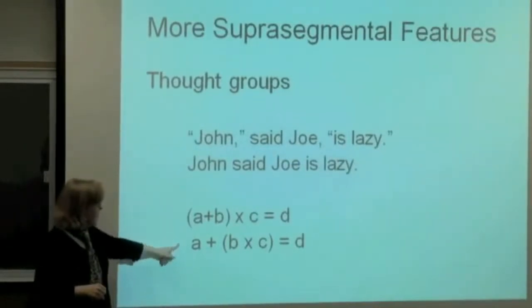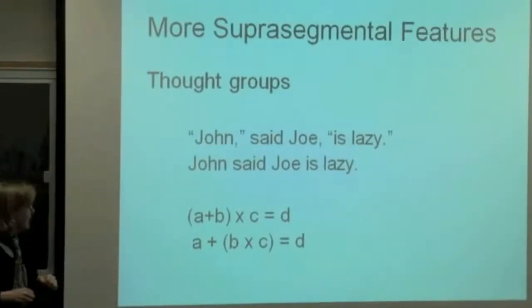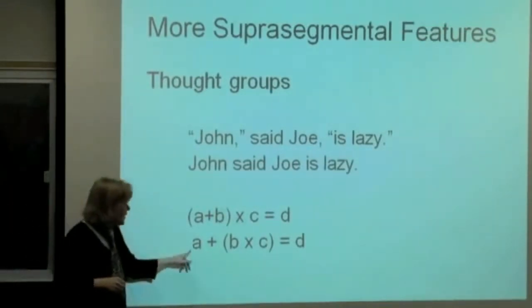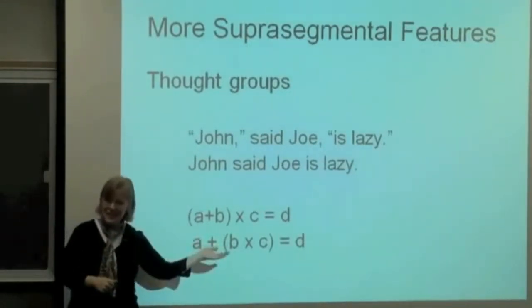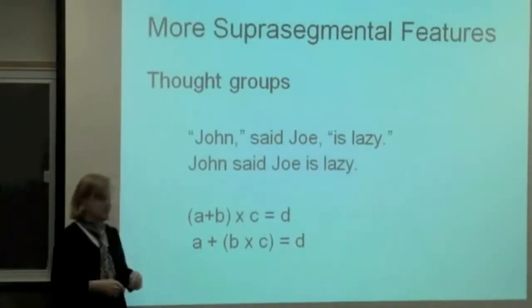Let's try this. This might be a little bit more down your alley for some of you all. A plus B times C is D. The second one is A plus B times C is D. Okay, so say the first one with me, and let's really emphasize it.